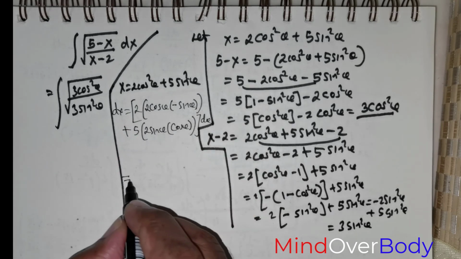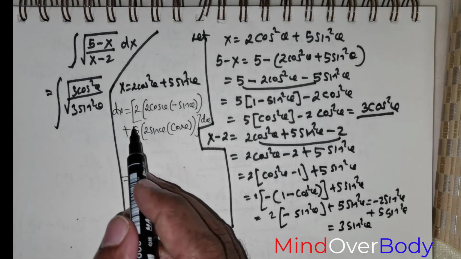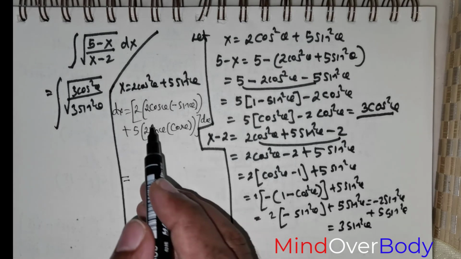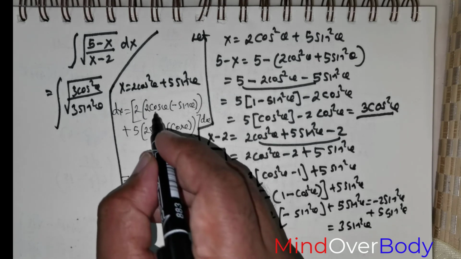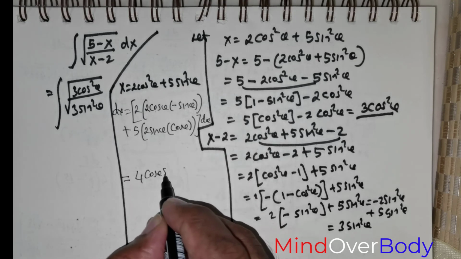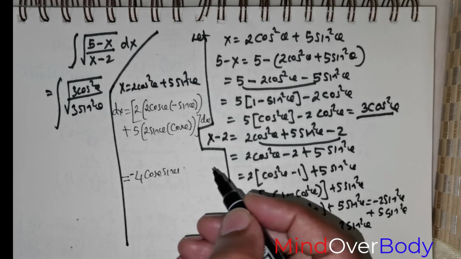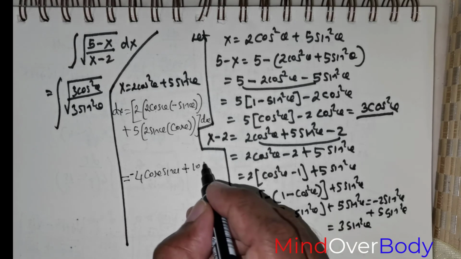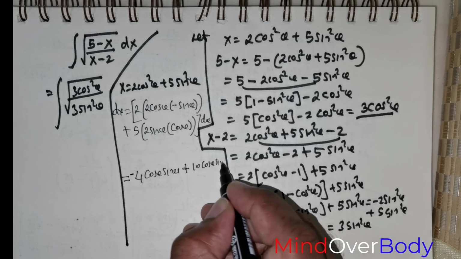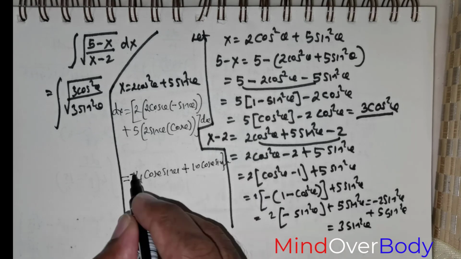So let me rewrite this. This is equal to, so I will have to distribute this. So it's going to be 2 times 2 is 4 cos theta sin theta with a negative sign, plus 10 times cos theta sin theta d theta. So this is what I've got.